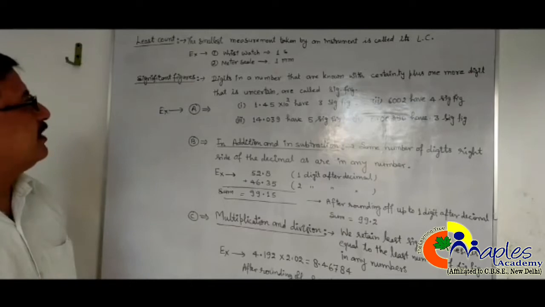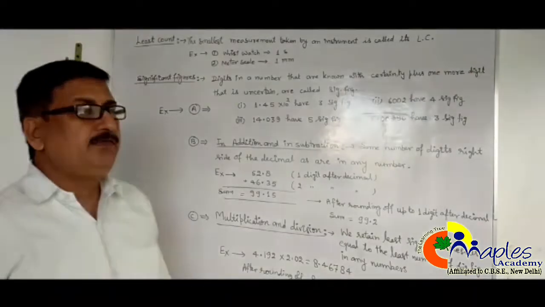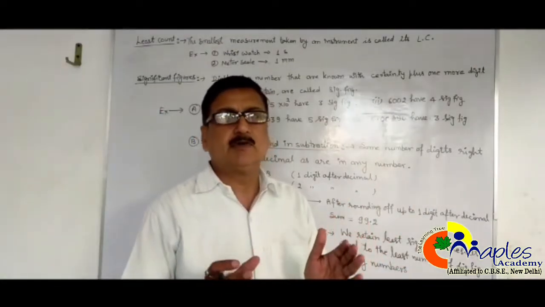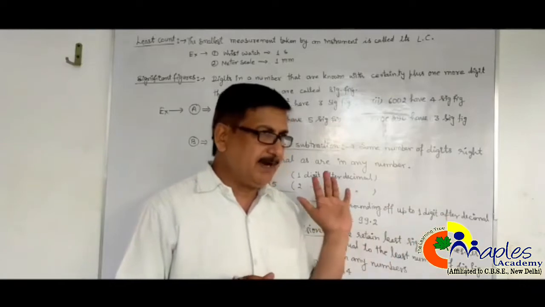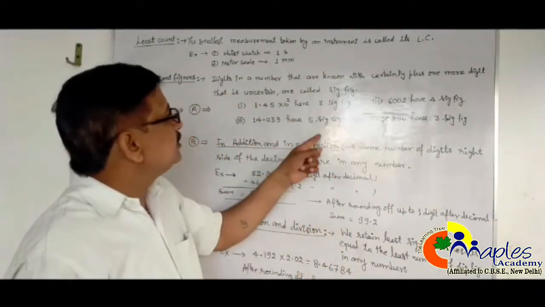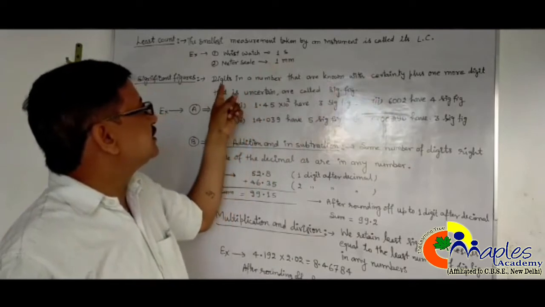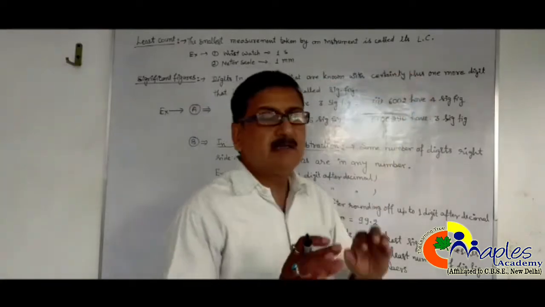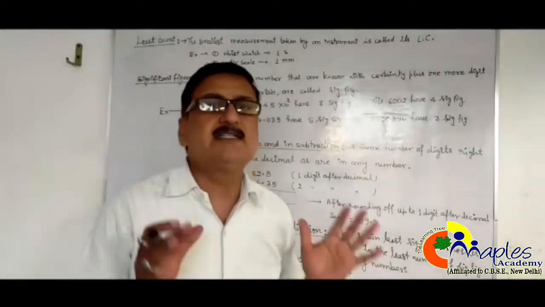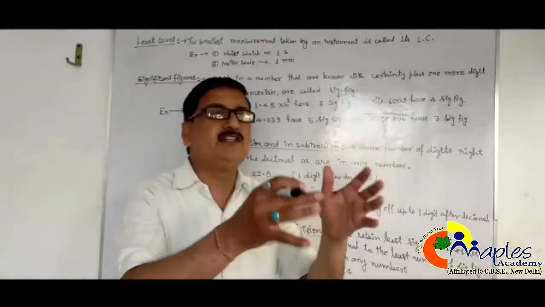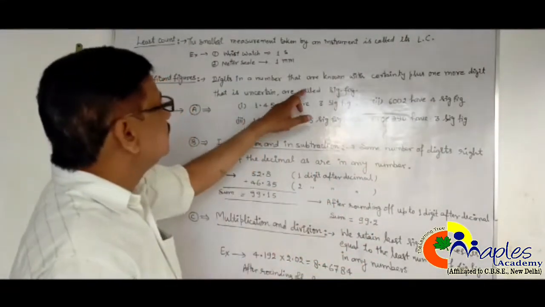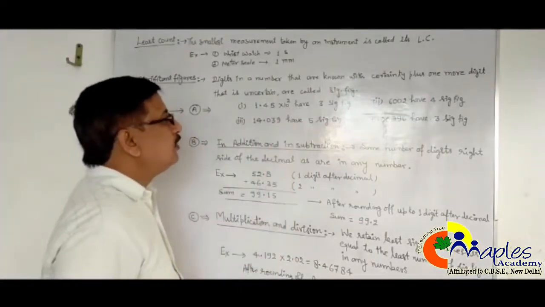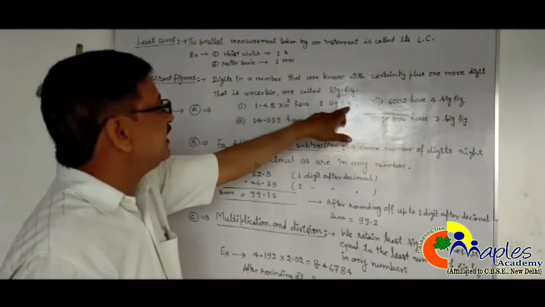Next is significant figures. What are significant figures? If we have a number, there are certain digits which explain the measurement accurately. These certain digits in a number that are known with certainty, plus one digit that is uncertain, or we can say the doubtful digit, are called significant figures. How can we use them? For example, there is no effect of power, only 1, 2, 3, three significant figures.